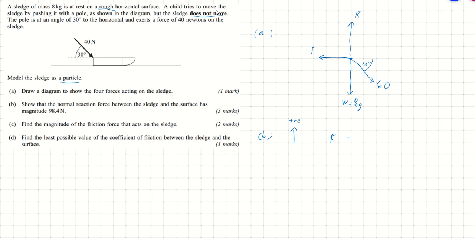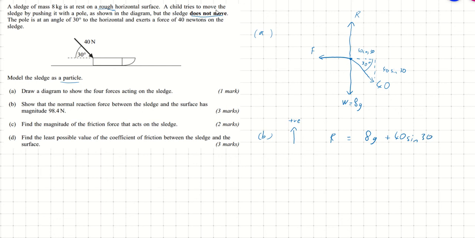Well, the forces downwards are 8g, and also the vertical component of the child pushing. If you're happy with resolving forces, so breaking down this 40 Newton force into horizontal and vertical components, we have 40 sine 30 as the vertical component, and 40 cos 30 as the horizontal component.